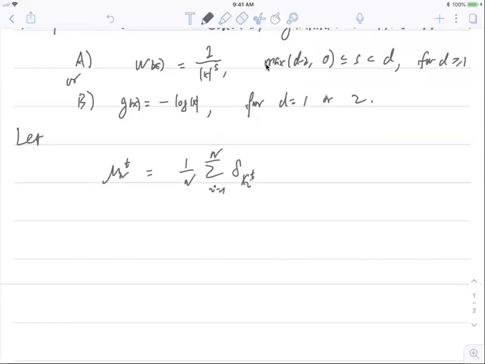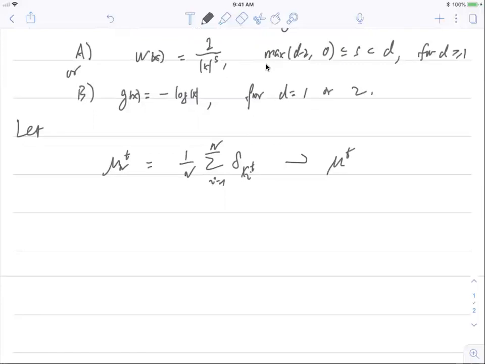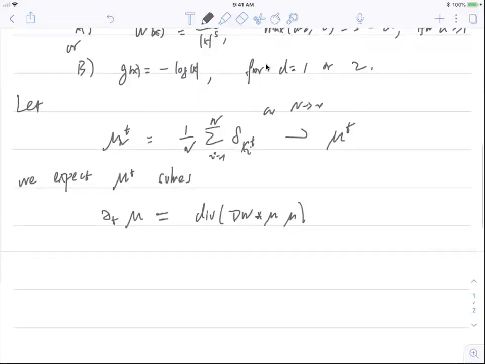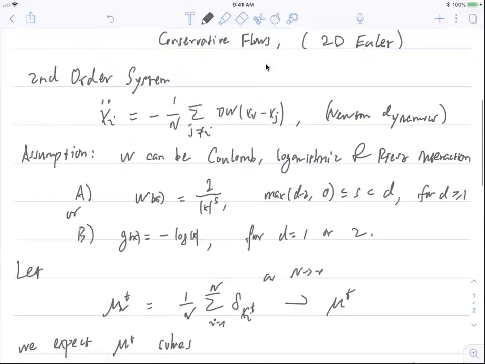Formally, if this converges to mu_t weakly, then we expect this mu_t solves the mean field dynamics, the following system. Since there's a minus sign there, I just changed the direction. So here it becomes this. I call this the mean field dynamics. Let's just consider this case.